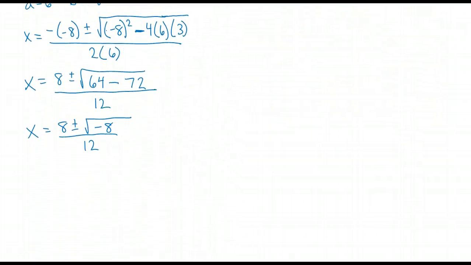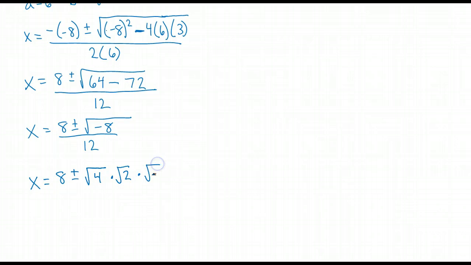In order to find those irrational, imaginary solutions, I need to simplify the square root of negative 8. I need to rewrite the square root of negative 8 in simplified radical form. To do that, I'm going to rewrite negative 8 as 4 times 2 times negative 1.